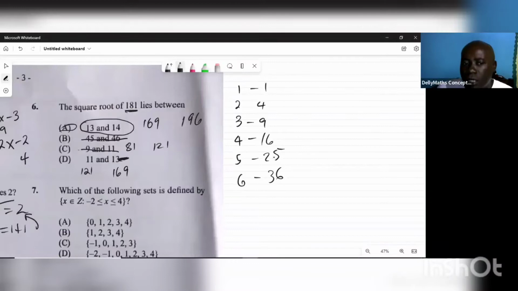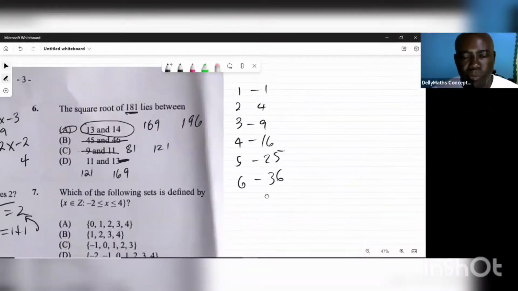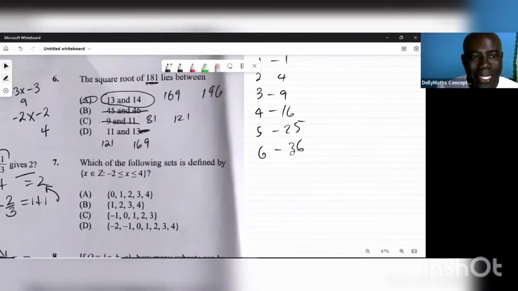You could write them down and look at them, just in case, to give yourself enough ability to do things when things pop up, like this time. Instead of sitting there multiplying 13 times 13, 3 times 3 is 9, some things you can just know offhand and you just touch it and you go. All right, so that one is A.